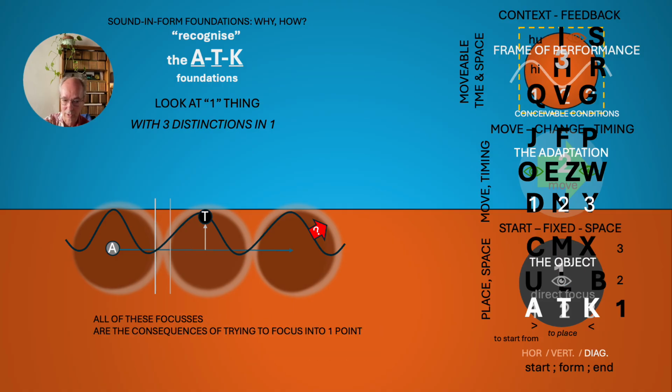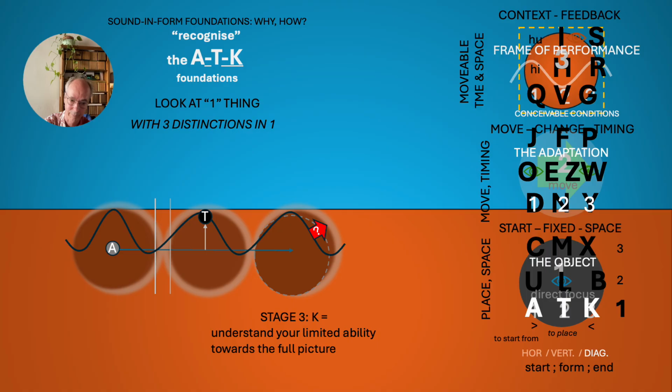All of the focuses are still focused upon that one point, but here that one point becomes completely relative. Actually, yes, I have something, but do I have it? Is that good enough to see the full picture? From that point onwards, it's not clear. There has to be some openness towards that point anyhow.